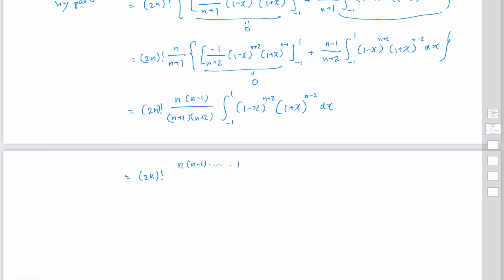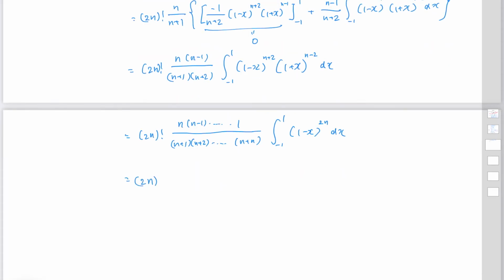Then we keep applying the integration by parts n times: factorial of 2n, n times n minus 1, and so on up to 1, over n plus 1, n plus 2, and so on up to n plus n, times the integral from minus 1 to 1 of (1 minus x) to the 2n dx. Then you can express factorial of 2n over factorial of n, and multiply by factorial of n.